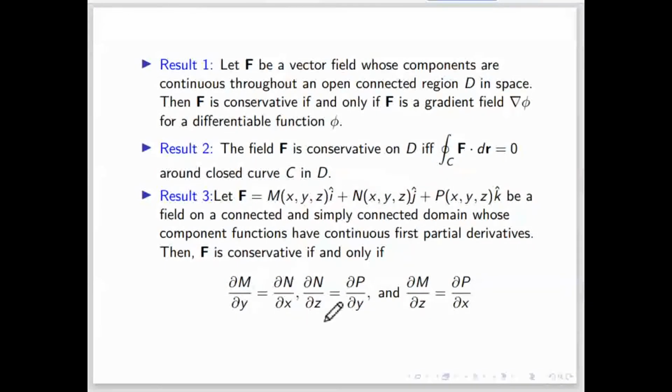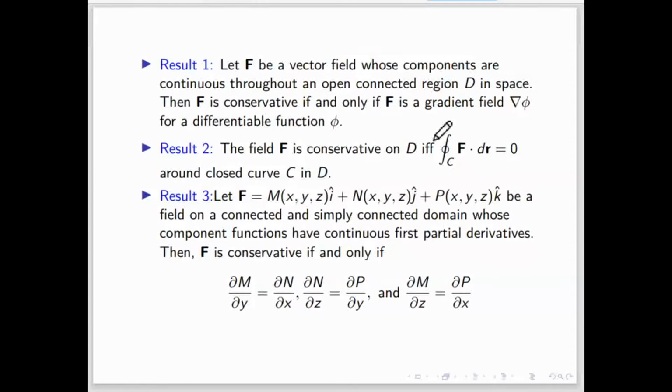So out of these three criteria, which one is easiest to apply for any given field? All three criteria give the guarantee that the field is conservative or not. The closed curve criterion also has to be applied for any given closed curve.